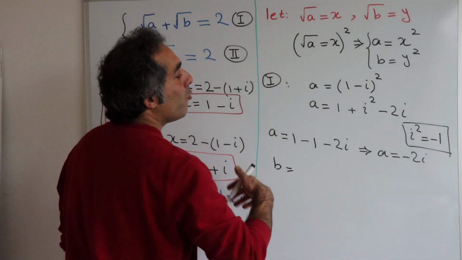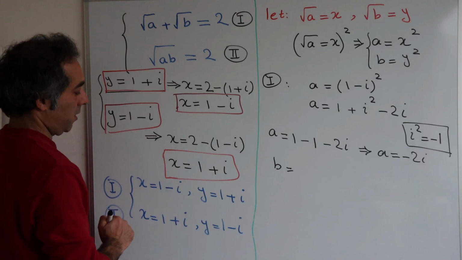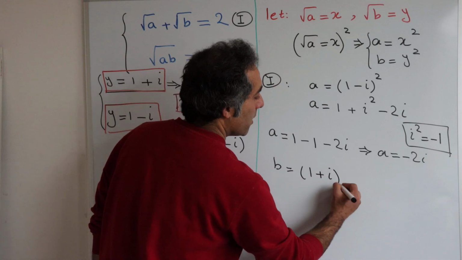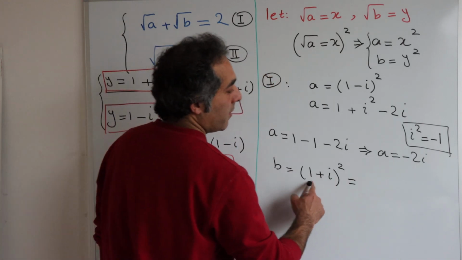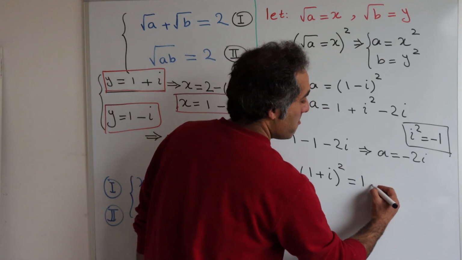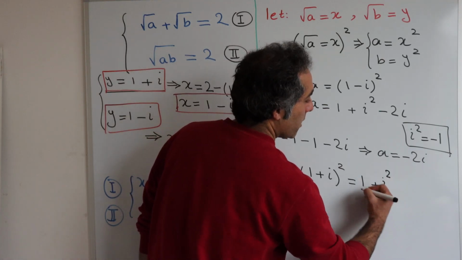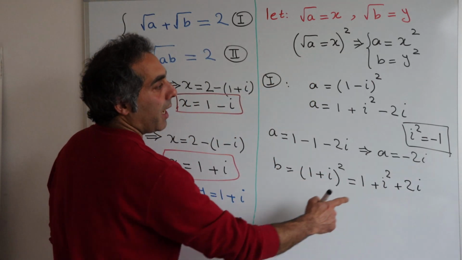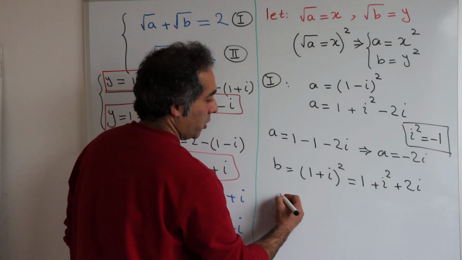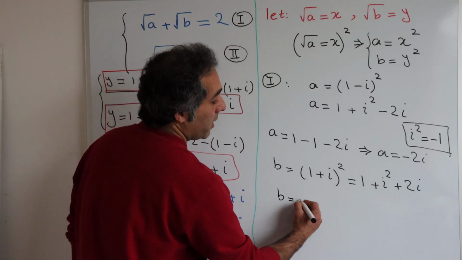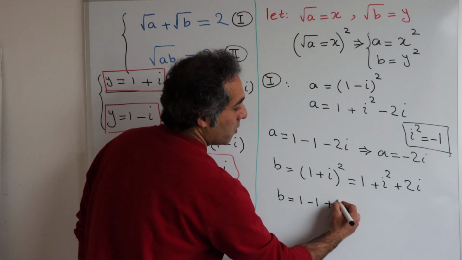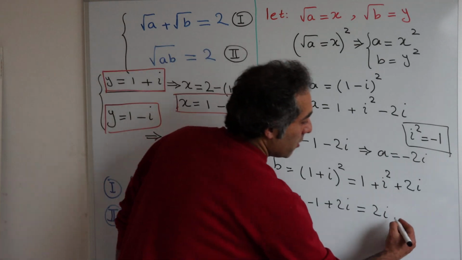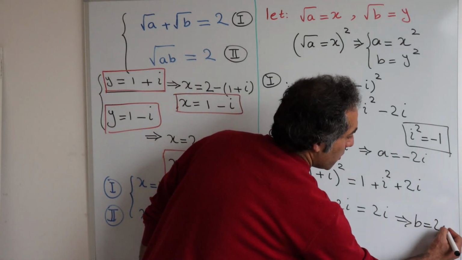And the same procedure for b. b is y squared. For the first pair it is 1 plus i squared. So 1 squared plus i squared plus 2 times i, and based on this definition, 1 minus 1 plus 2i, which is 2i. Okay, now b is 2i.